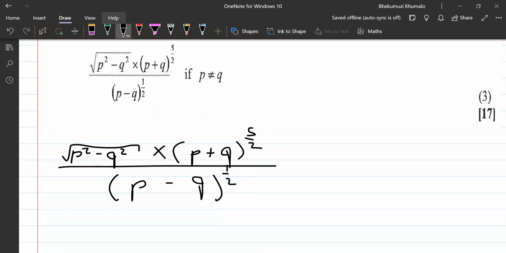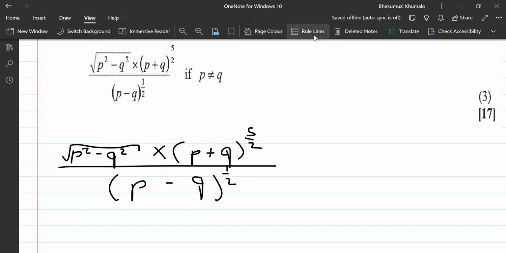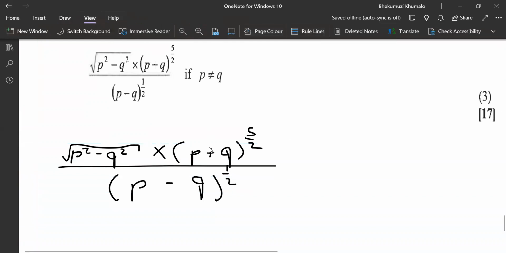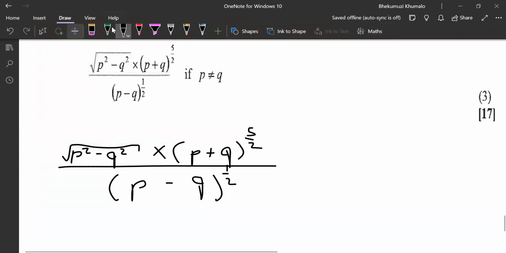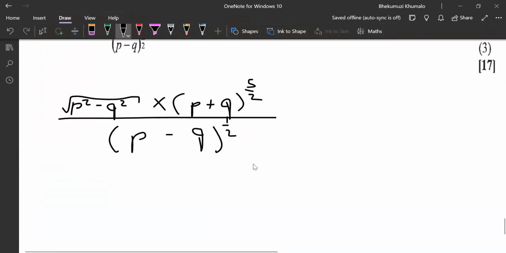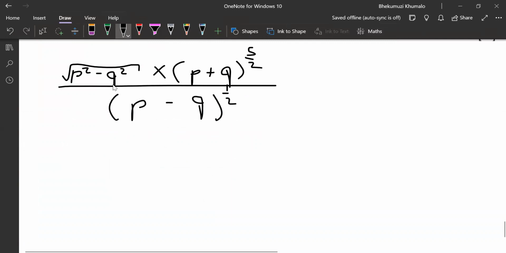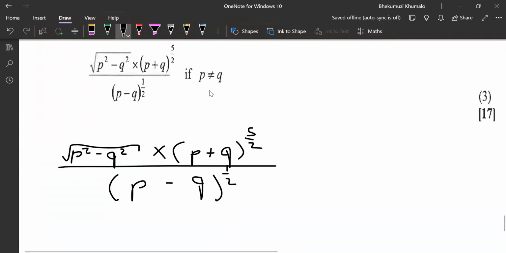Okay, you know what? I want to switch off these lines. So, okay, yeah. Okay, so now having to do this simplifying, right? And they said p cannot be equal to q.